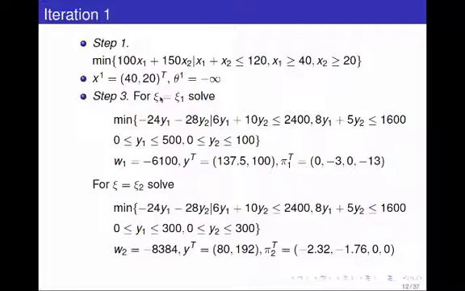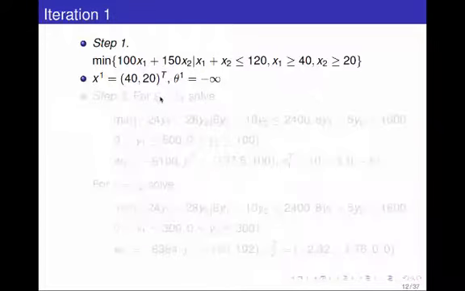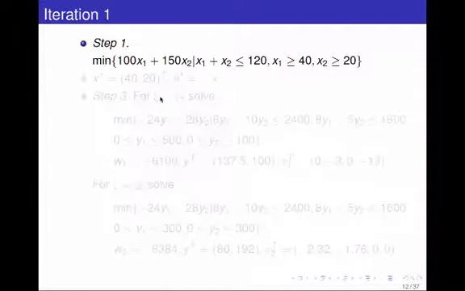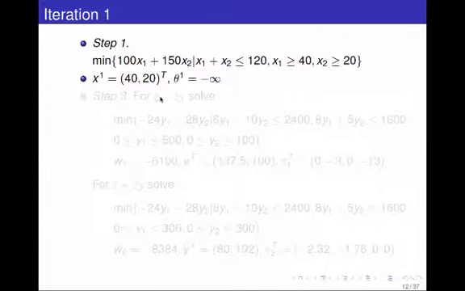Where did these right-hand sides come from? Remember that I'm now trying out a specific x. So the right-hand side coefficients are 60x1, 80x2. My specific x is the one I computed in step 1.